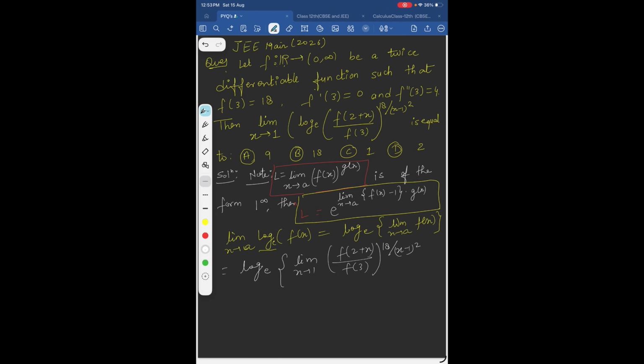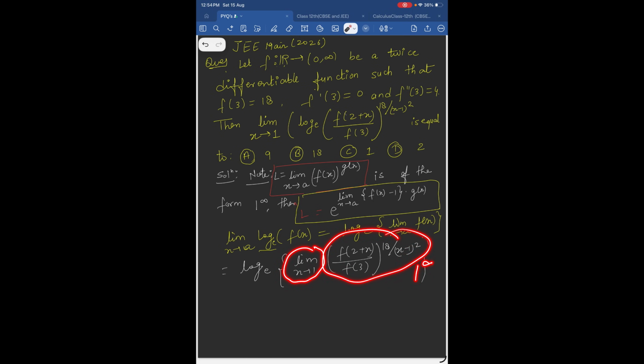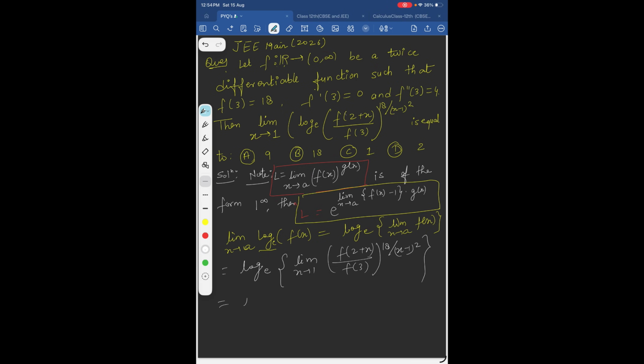When x goes towards 1, this function goes to f(3) upon f(3), which is 1, and 18 upon 0 is infinity. So this function goes towards 1 power infinity, which means this rule is applicable here. And log is outside, don't forget about log. According to this rule, this limit is equal to this one.